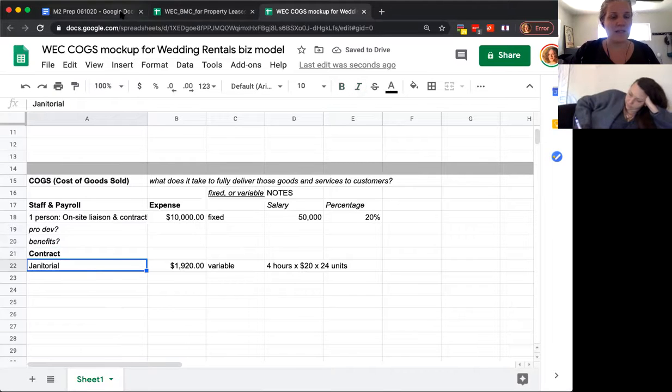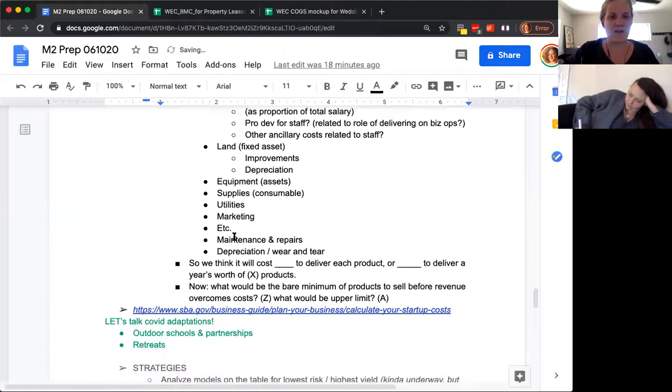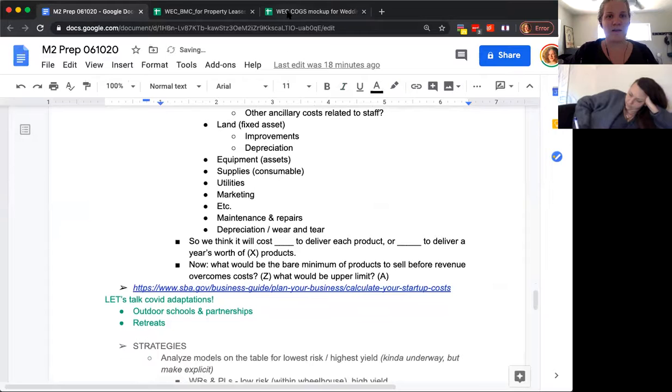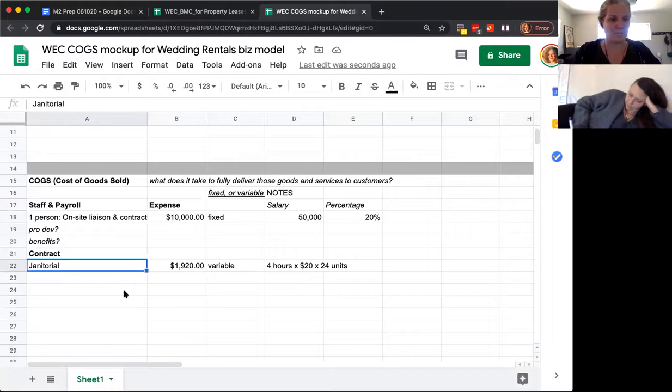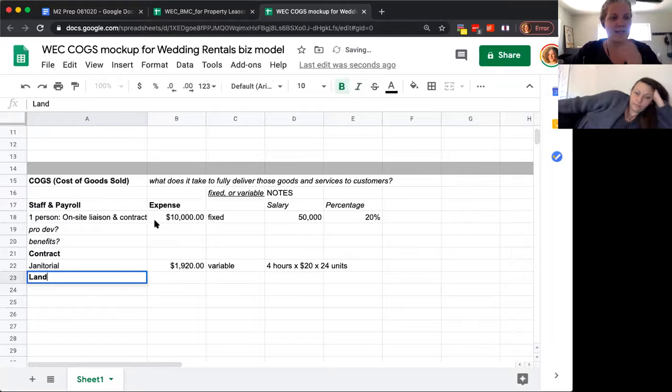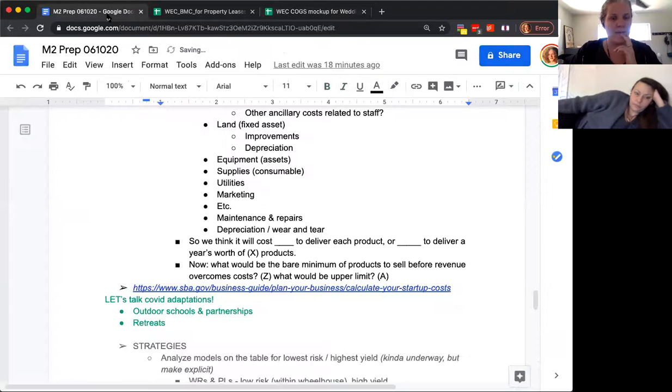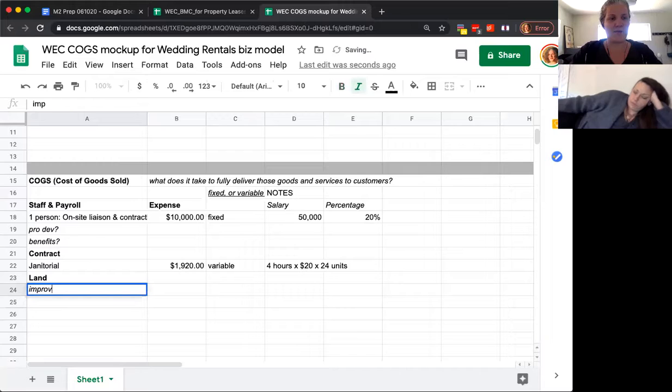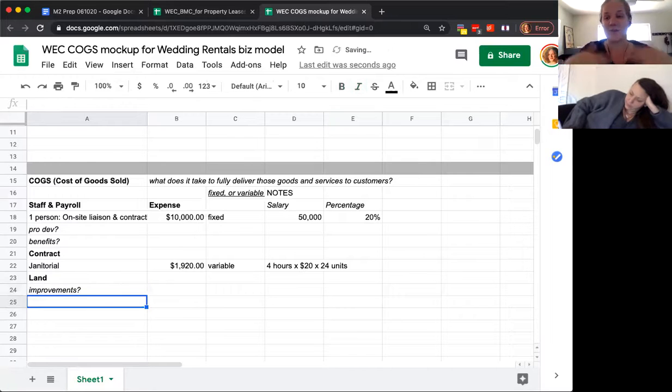Cool. Additionally, we've got the use of the land, which is the real value here. So questions around the land would be, are there improvements that are needed? That would be like a startup cost to just get those taken care of up front, so that would be a fixed cost.